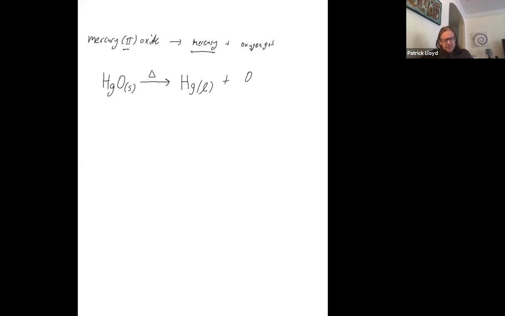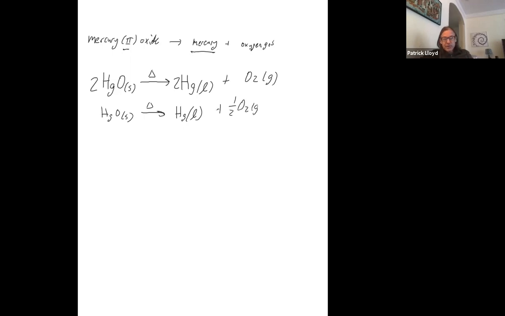Remember, oxygen is a diatomic. So we balance it. There's a couple different ways to balance it. You could just put a half in front of the O2, or you could double the oxygen and double the mercury, and that would work too. Again, just like we learned, well, actually, be careful. I don't know what Alex is going to say in terms of putting fractions. But we learned back in chapter 5 that it's perfectly appropriate to have fractions in a balanced equation, right?